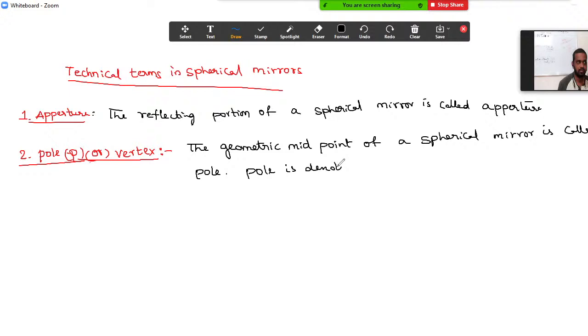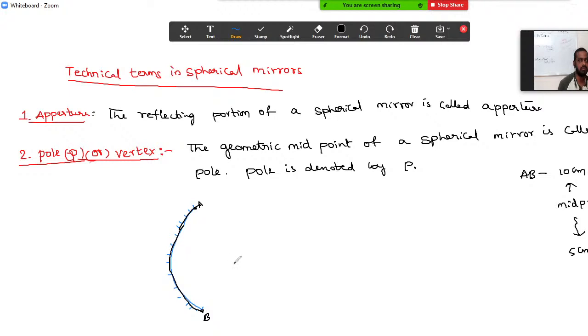Suppose the length is 10 centimeters. Now you should take the midpoint. What is the midpoint length? 5 centimeters. Now you need to measure 5 centimeters, starting from either A or B. Now you will get the pole. Clear?